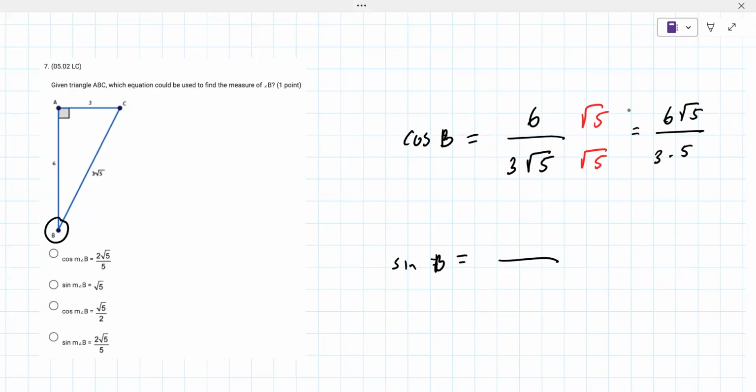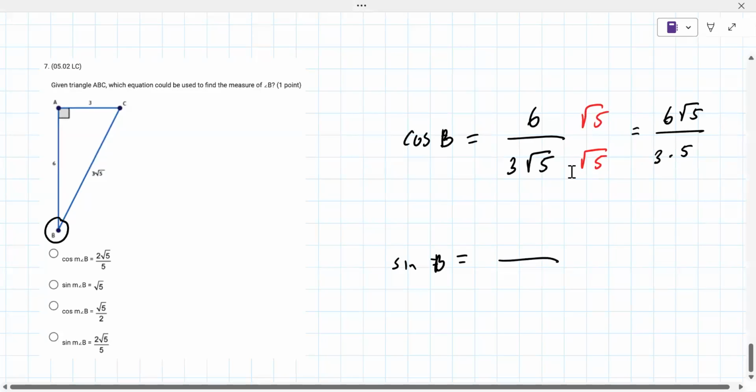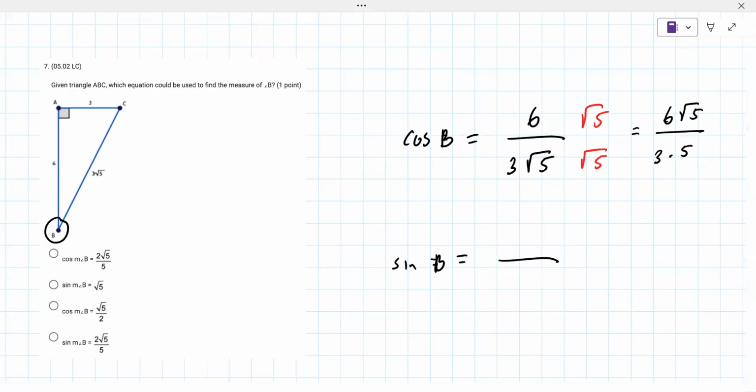Okay. Have you seen that rationalizing stuff before, or is that totally new? I think I have, but I don't remember. So this ends up being 2 root 5 over 5.